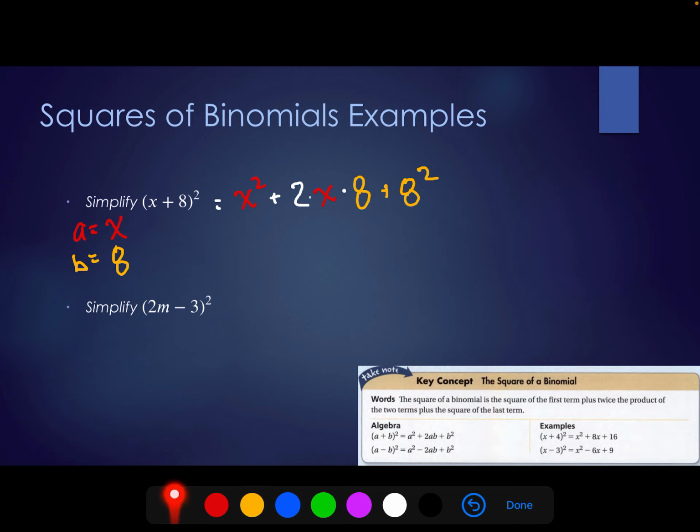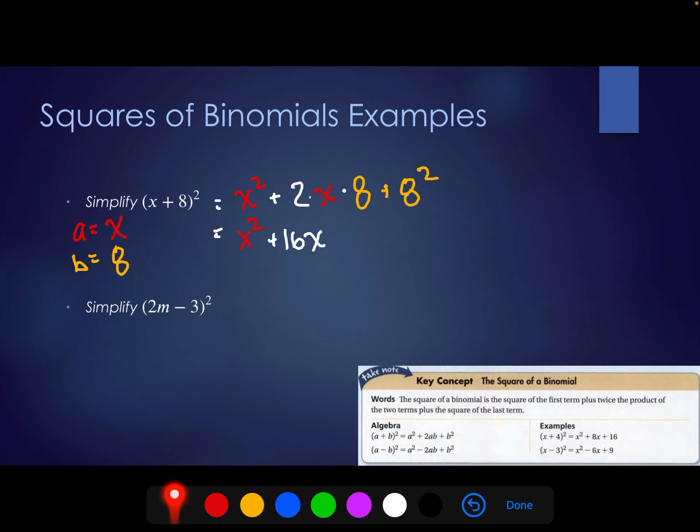And now we can go through and simplify, right? So we have this x squared. We can't simplify that anymore, so that's just going to stay x squared. Then we have 2 times x times 8. Well, if we multiply those together, that gives us a 16x. And then last, we have 8 squared.